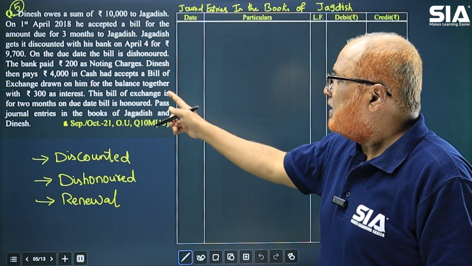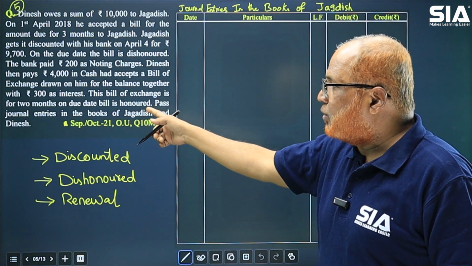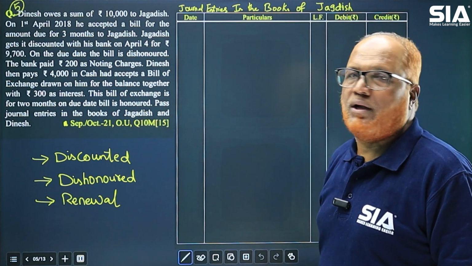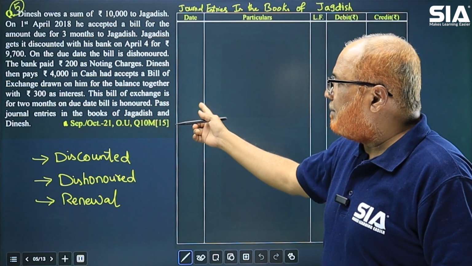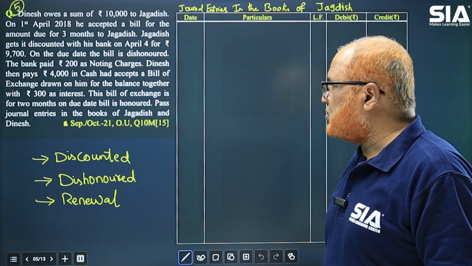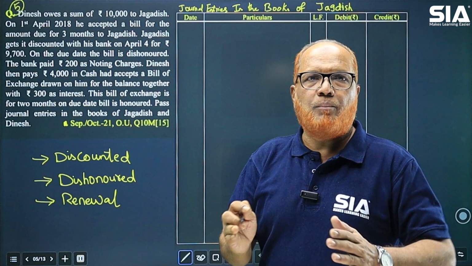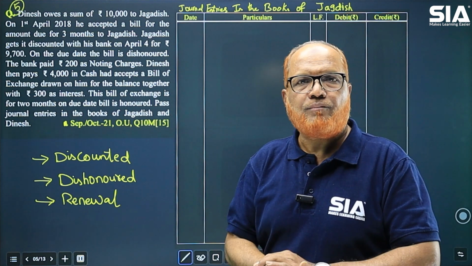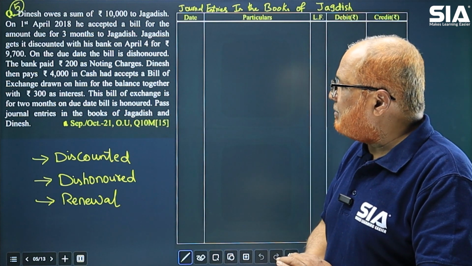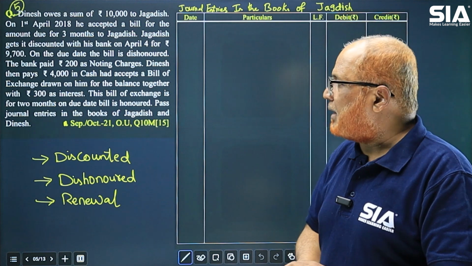Right? Then this bill of exchange is of 2 months. On due date, the bill is honored. Pass journal entries in the books of Jagdish and Dinesh, drawer and drawee, both. We have to pass the journal entries in the books of both the parties.